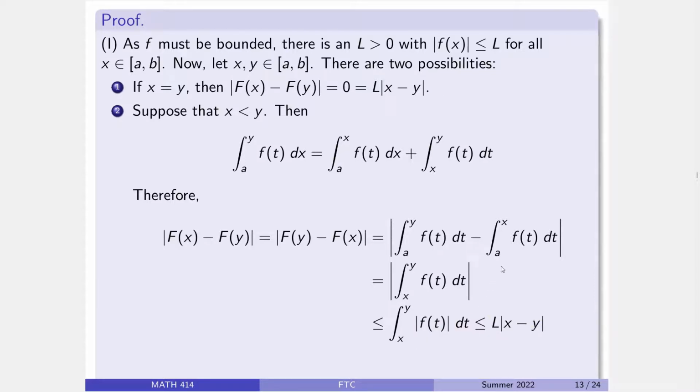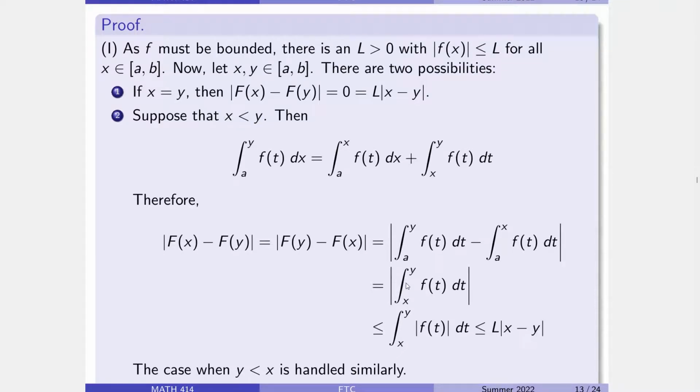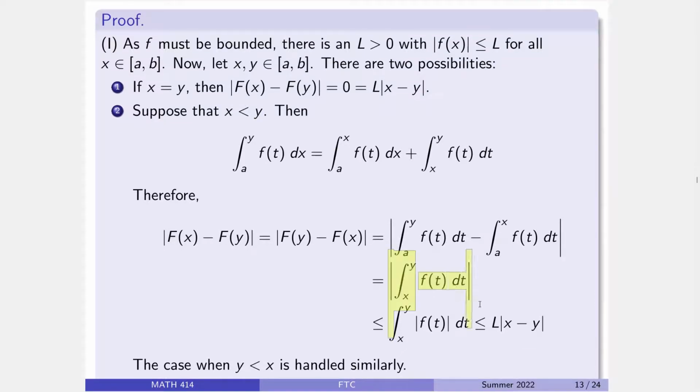And we're very happy. And when y is strictly less than x, we can handle it similarly. So note, I use the x is strictly less than y part right here. If you wanted to, you could technically also prove that this fact is true for integrating from x and y wherever, but we didn't, so we're doing it this way.